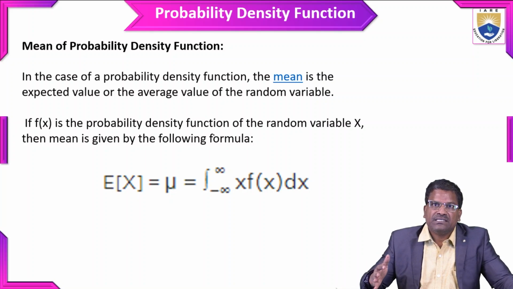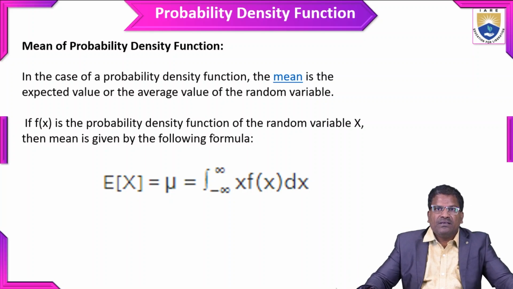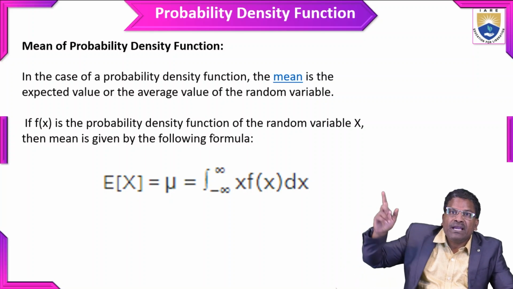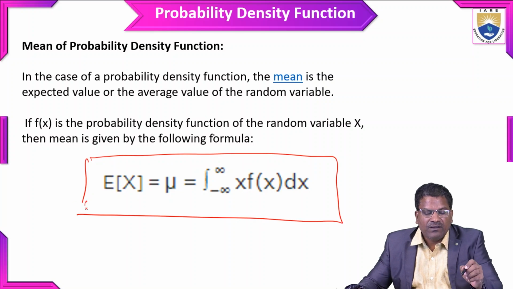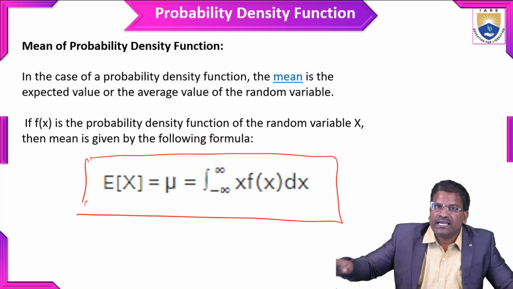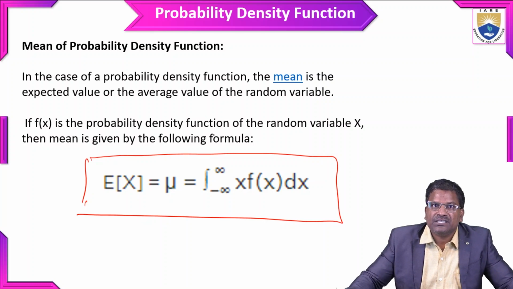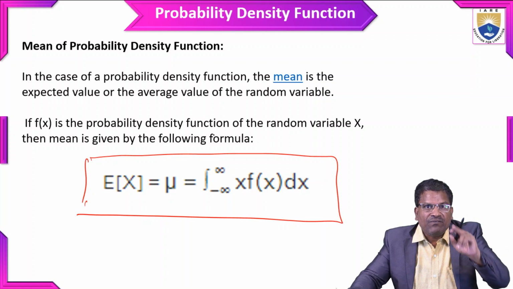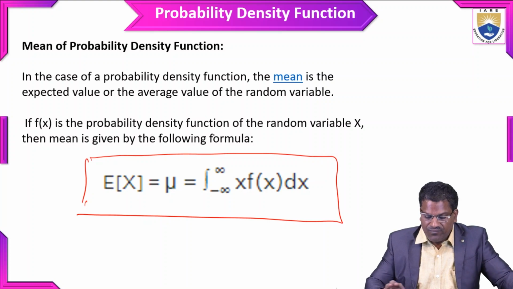If f of x is the probability density function of the random variable x, then the mean is given by the following formula: expected value E of x equal to mu equal to integral from minus infinity to infinity of x into f of x dx. Using this formula, we can find the mean or expected value of given data.